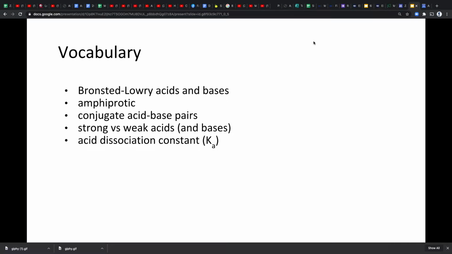And something new called the acid dissociation constant, or Ka. Kind of similar to Ks, but that's for solubility. This is for weak acids that partially dissociate, and they are in equilibrium. We'll go through each of these topics one at a time before we hit Ka and get into writing expressions for that acid dissociation and doing some calculations.